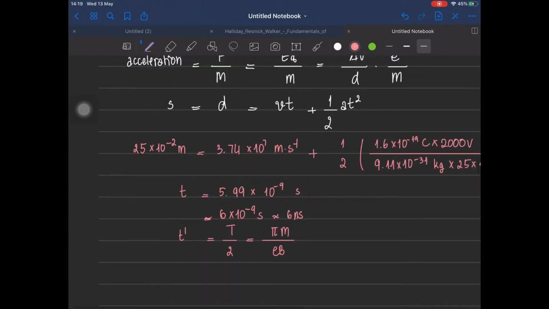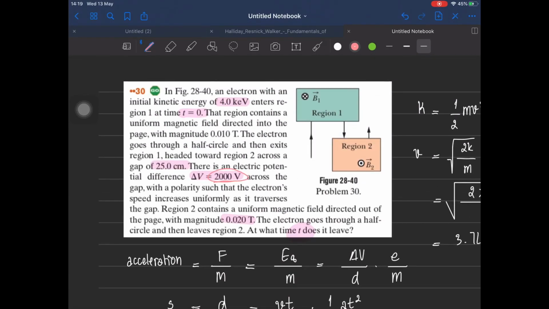In this one as well, we have two B regions, I mean the magnetic fields, one is outward and one is inward to the page. And they have different values. So you also have to find the total magnetic field as well.